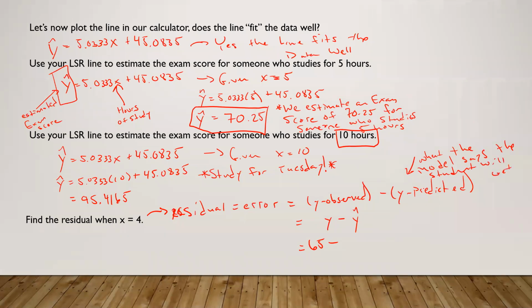So how could I find that? You just plug it into the formula. So y hat is equal to 5.0333 times 4 plus 45.0835. If you plug this into your calculator, I think you get 65.2167.